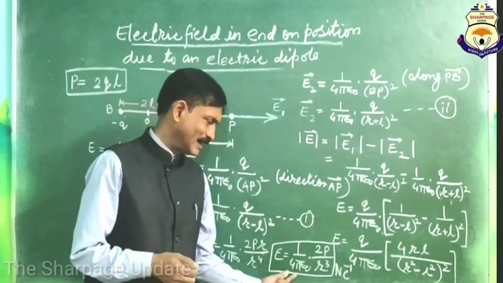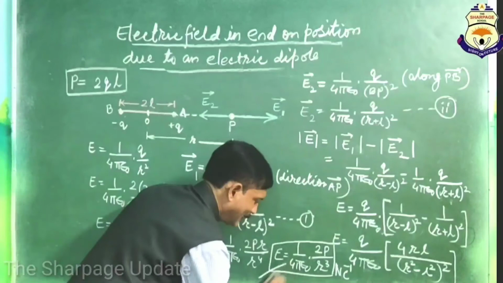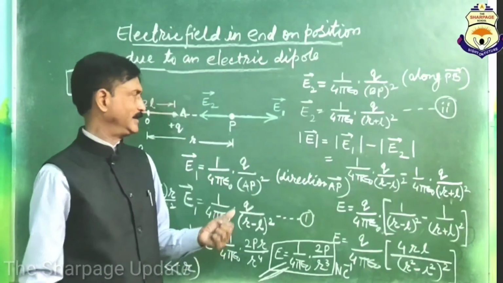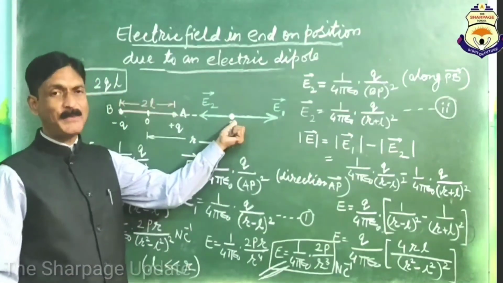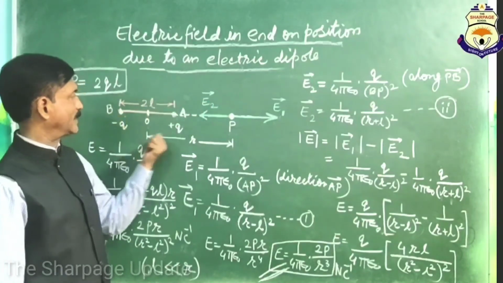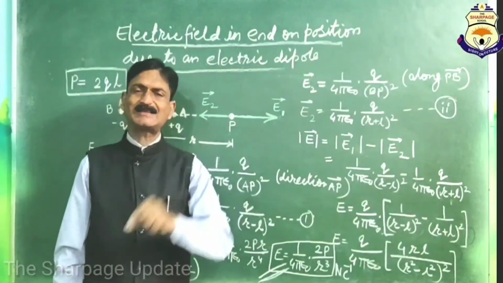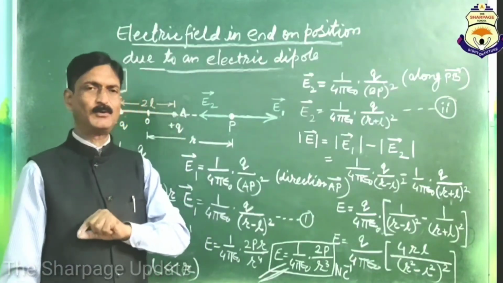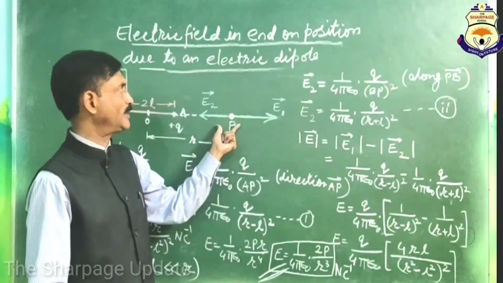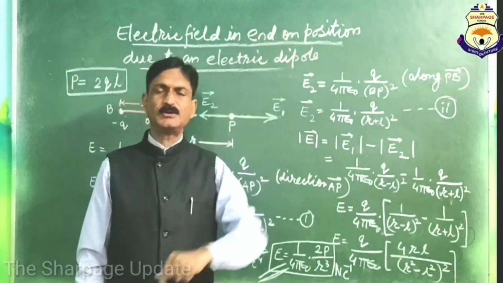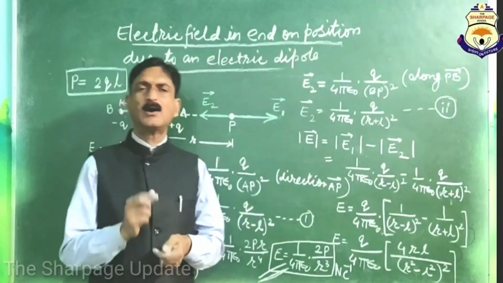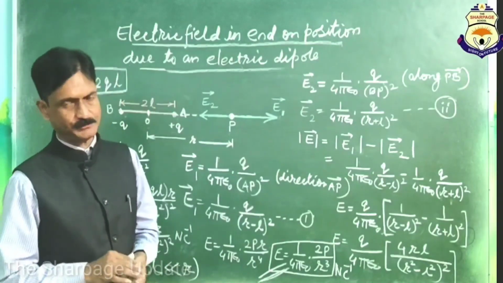So this is the magnitude of electric field intensity at point P due to this electric dipole, and the point P is at the axis of electric dipole, means the position of point P is end on position or axial position or longitudinal position.